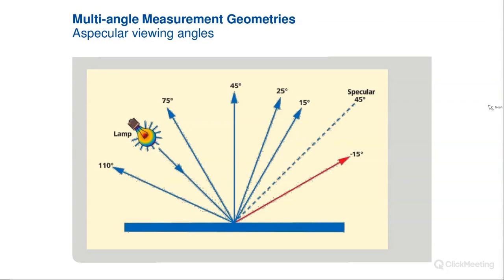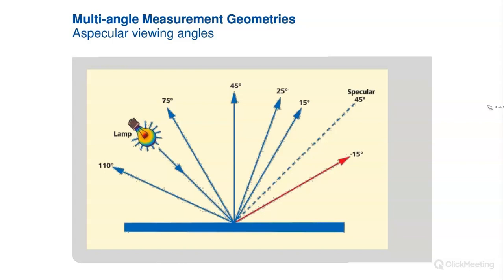We'll start on the left side with 110 degrees. That's the other end of the spectrum, where we're normally not going to see that angle unless we're looking down at an object. Normally we have a 45-degree angle, which is usually what regular color measurement instruments use for absorption pigments.